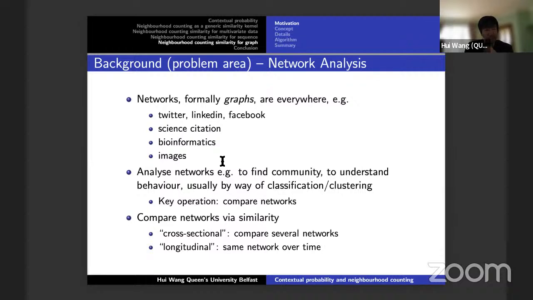The analysis is typically done by way of classification or clustering. But in these tasks, a key operation is to compare networks, and comparing networks is usually done through similarity. We can do the cross-sectional comparison, comparing one part of the network with another part, but we can also compare the network at one time with the network at a different time.